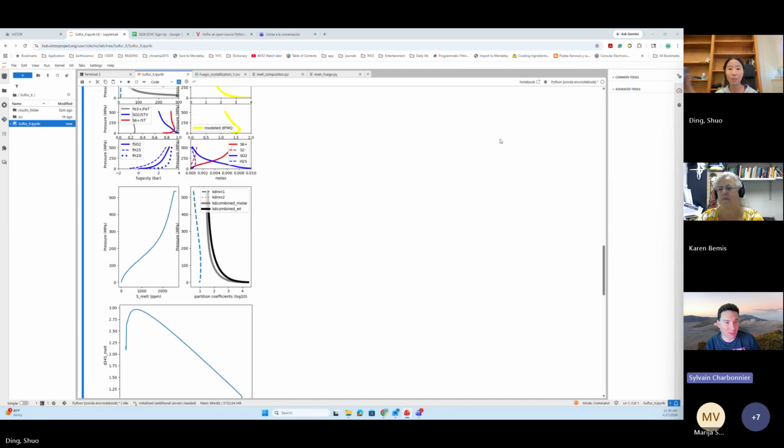Sulfur dioxide content, and how would you actually compare the model sulfur dioxide content that you have to an observed one from monitoring? Because I know, for example, Roberto, one of the participants of the course, is a member of INSIVUMEH in Guatemala, and I think they just installed SO2 monitoring capacity at Santiaguito.